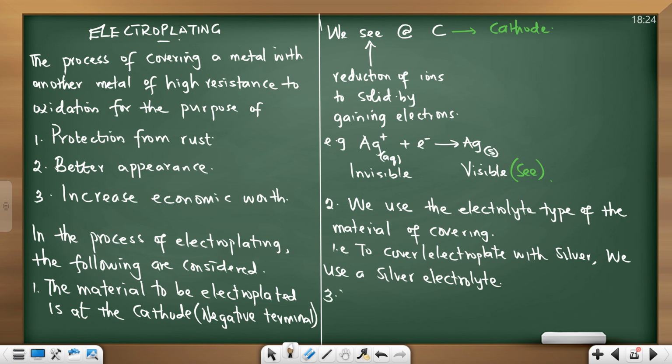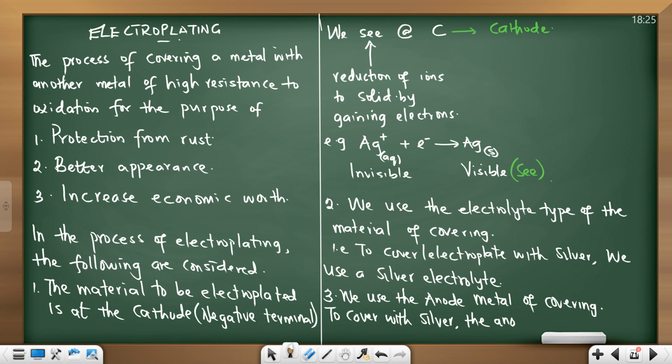Number 3, we use the anode metal of covering. That is, to cover with silver, then the anode must be silver.